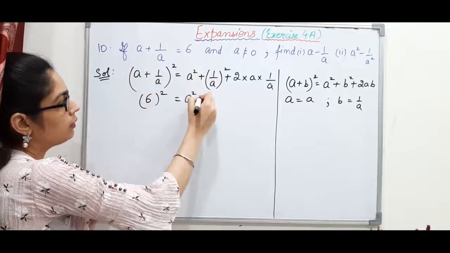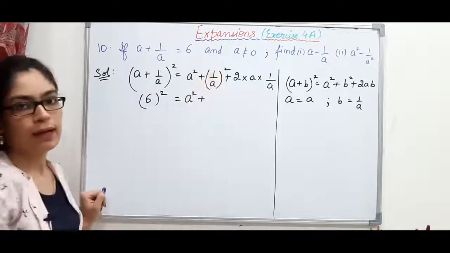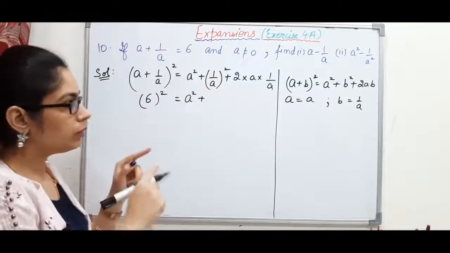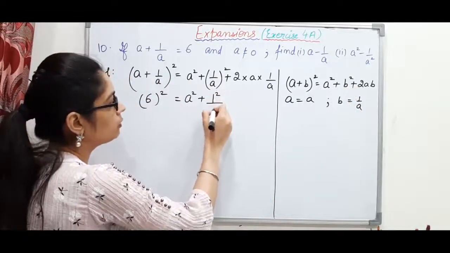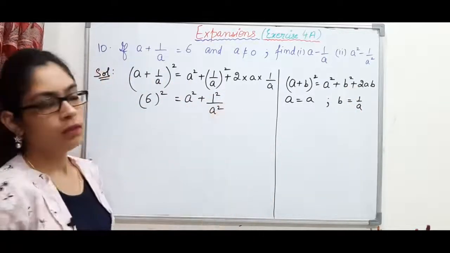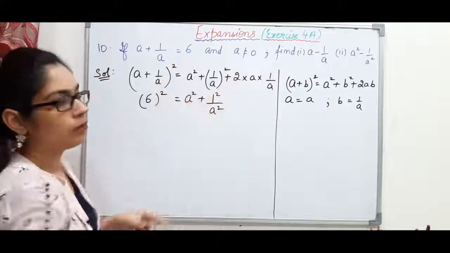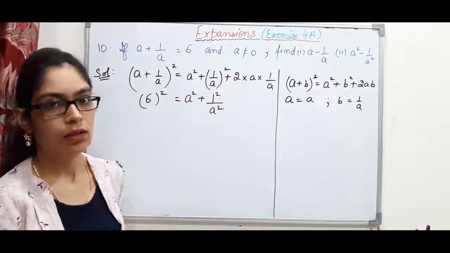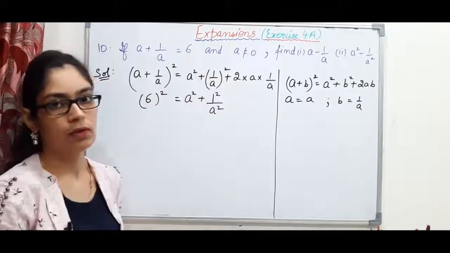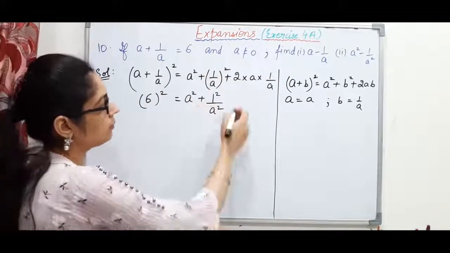See, this whole bracket with whole square, it can be written as 1 square and a square also, because if the bracket is raised to a power, then this power applies to the numerator and also to the denominator. So that's what I have done.